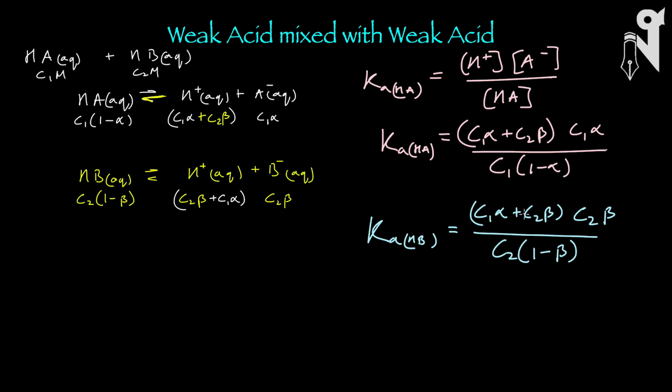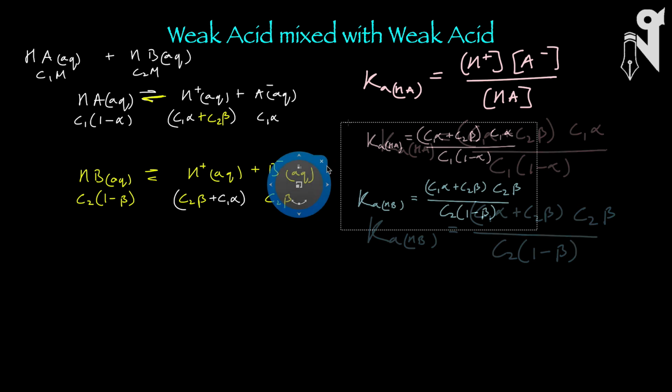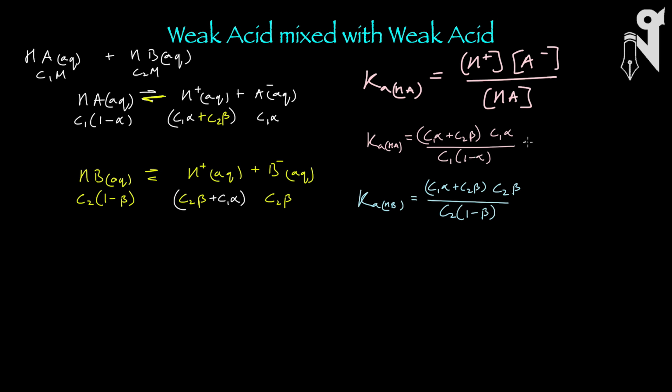Now since there is a presence of common ion, the degree of dissociation in both cases, both being weak acids, would be very, very low, and we can easily assume that 1 minus alpha is equal to 1 and 1 minus beta is equal to 1. So this is C1 alpha plus C2 beta, which is nothing but the concentration of H plus, times C1 alpha divided by C1.